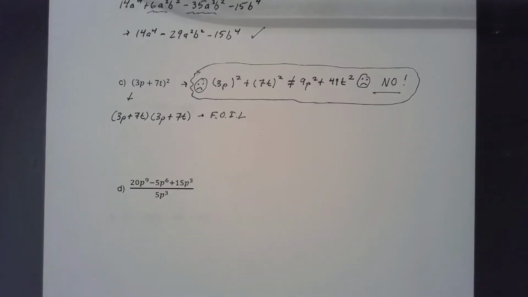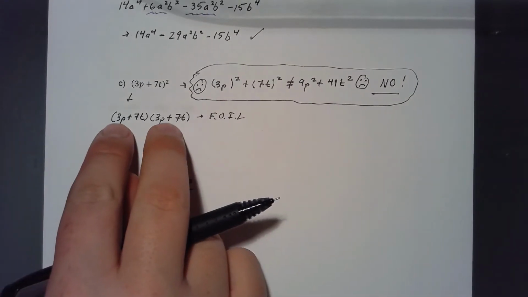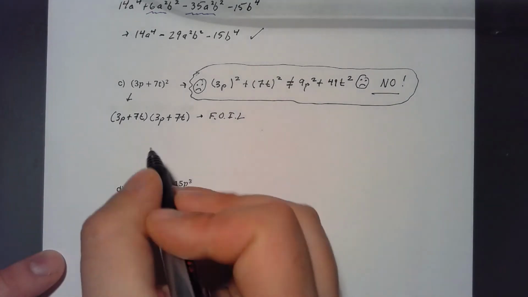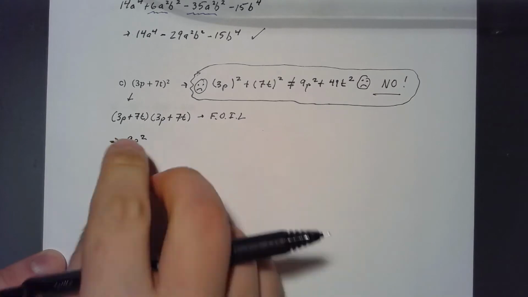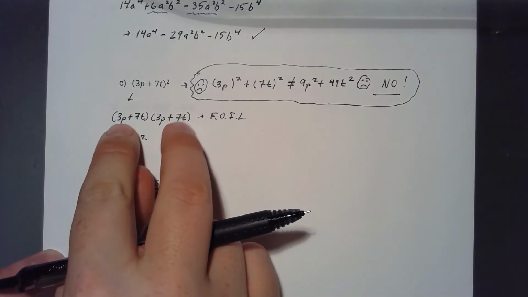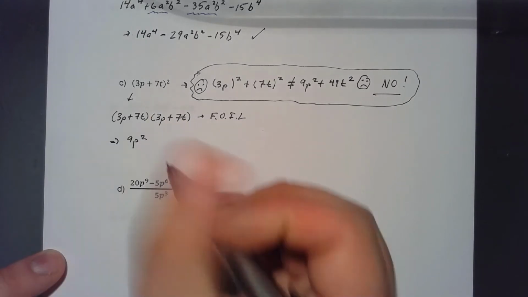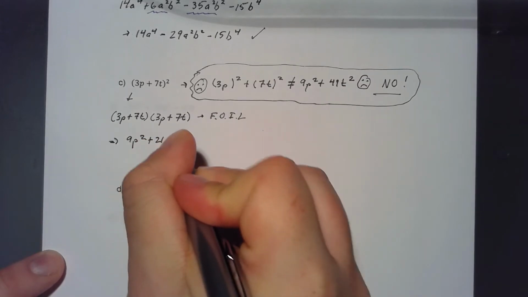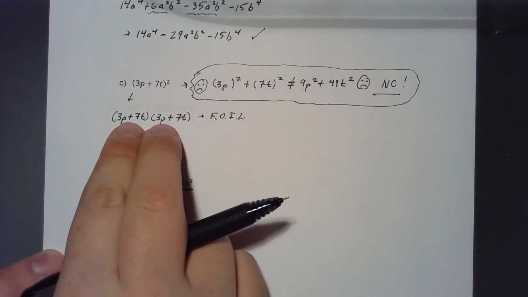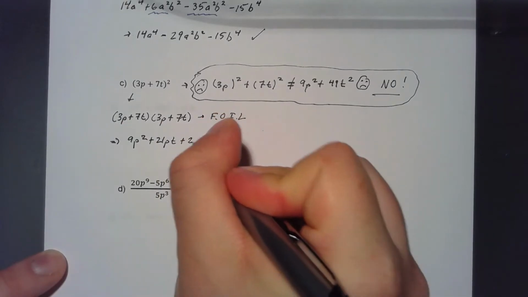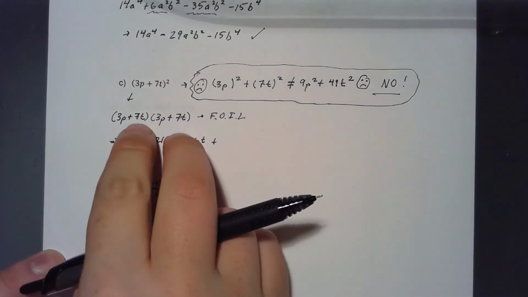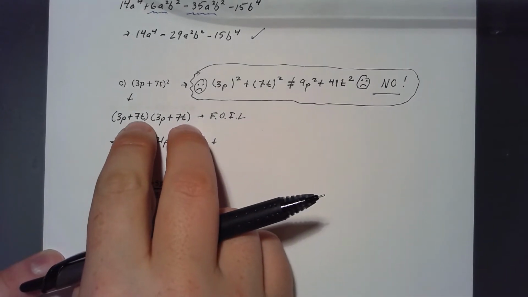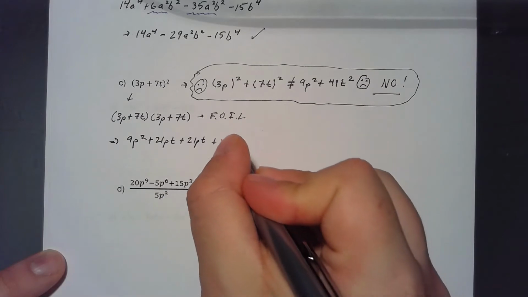Do not do that. So FOIL here: 3p times 3p is 9p squared. 3p times 7t is 21pt. The inside, 7 times 3 is another 21 tp, which is the same thing as pt. Plus, the last, 7t times 7t is 49t squared.